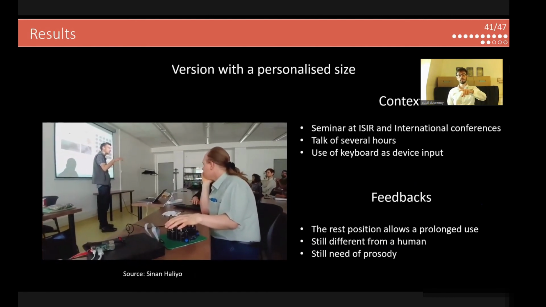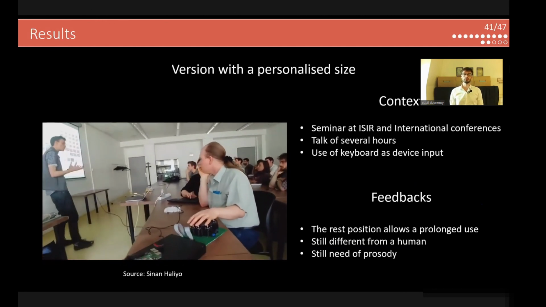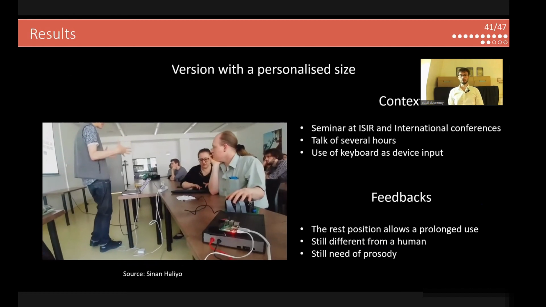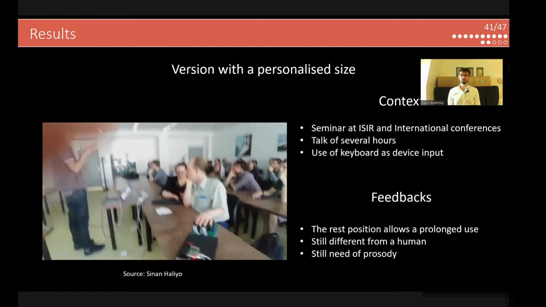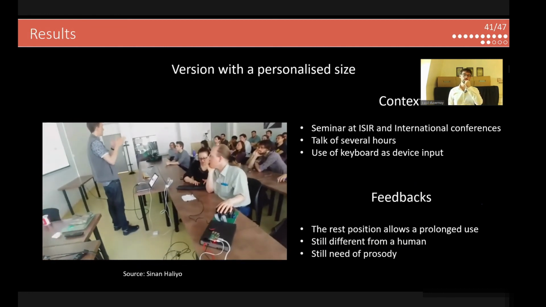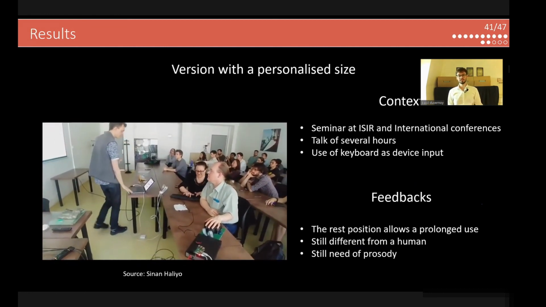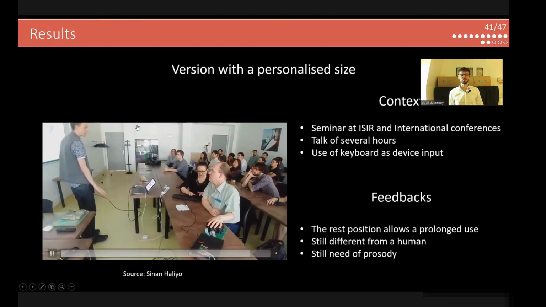This time we used a keyboard instead of a voice recognition system, but it works the same. So you send text to the interface. The rest position of the hand allows a plunge use, but it's still different from what a human does, and there is still a need for prosody.